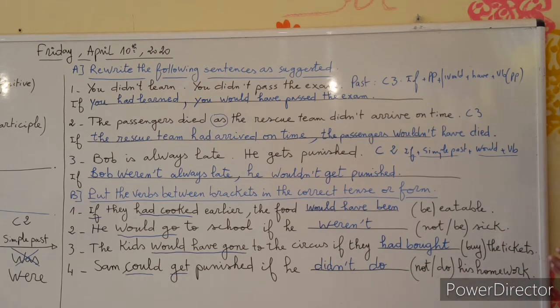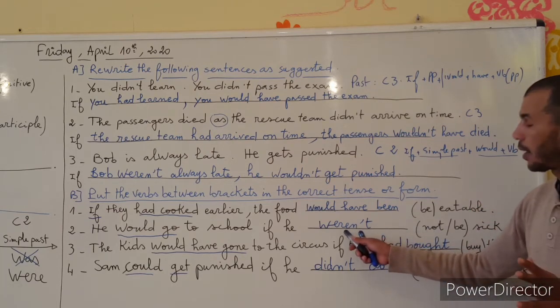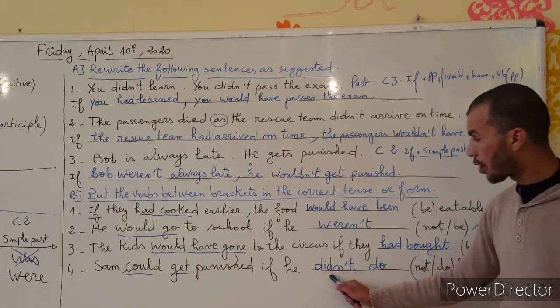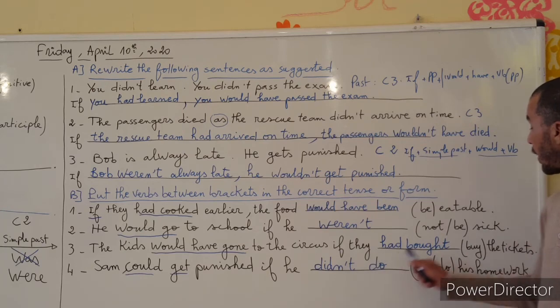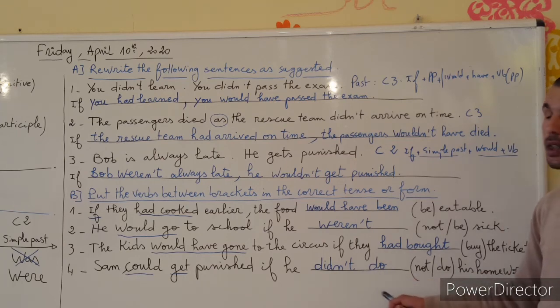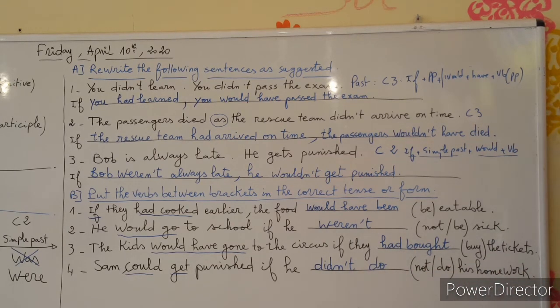The verb play, negative form didn't play. But except one verb, which is the verb be, in which we say, for example, was not or were not. It's okay. So pay attention to this one again. For example, we have the verb study in negative form. We are going to say didn't study. The verb visit, didn't visit, etc.